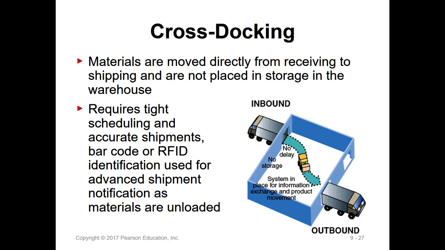So time means money. Time means everything. So this is the idea of completely eliminating the storage time and shipping it out directly. So materials are moved directly from receiving to shipping, not placed in storage at all.